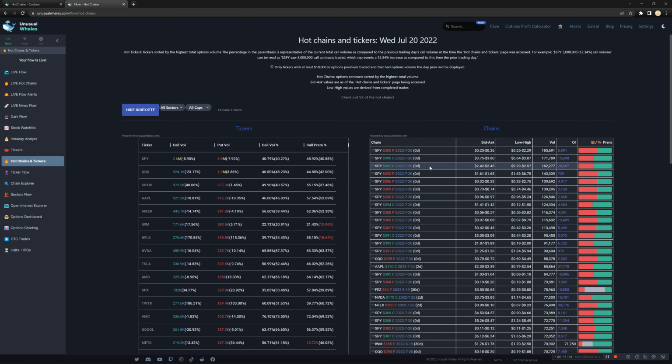Obviously, right now, this was a great example. There was 185,000 volume in a put today, and the market just boomed off, right? So I can definitely tell you that Unusual Whales does get it wrong sometimes. And it's not that they get it wrong, but you can interpret it wrong.